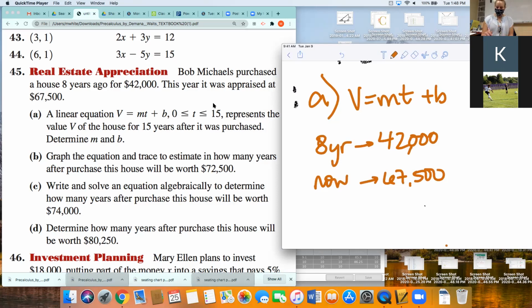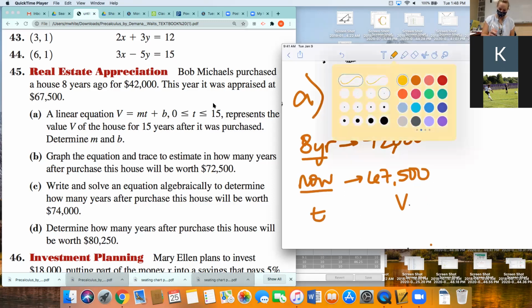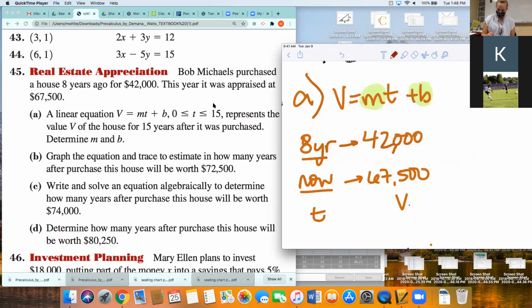We don't really care what M and B are. We're about to find those. But what we do know is that in terms of years, you told me that's T, and big V represents the value of the home. So what we're about to do is have coordinate points. We're going to make all of these into T comma V's.